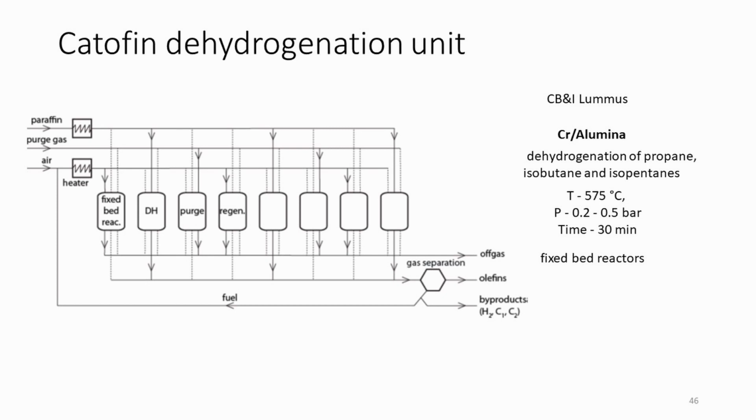Each individual reactor is made to run continuously, so there are always some units performing the dehydrogenation reaction, while other reactors are being regenerated or purged, which results in a constant flow of reaction products. A schematic of the Catofin dehydrogenation installation is shown in a figure.